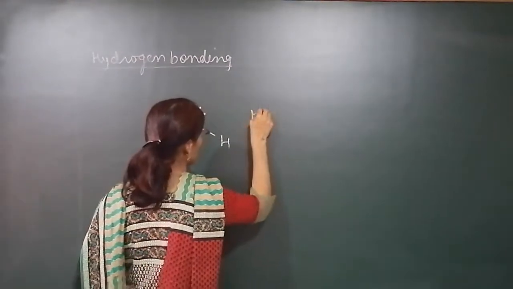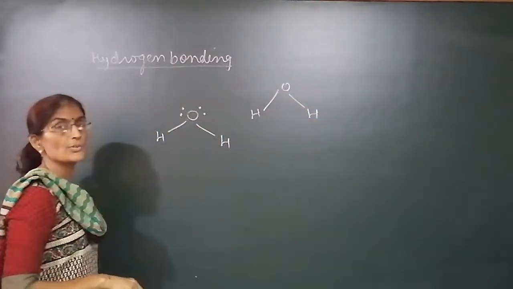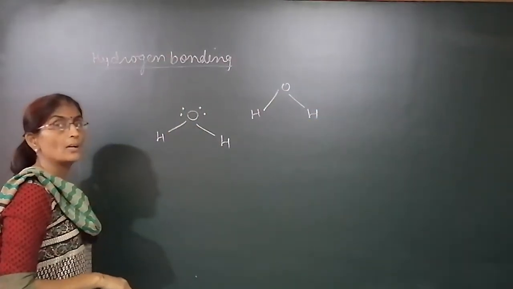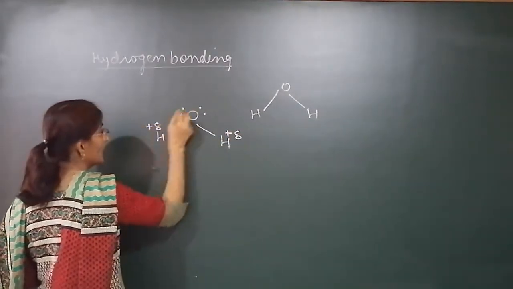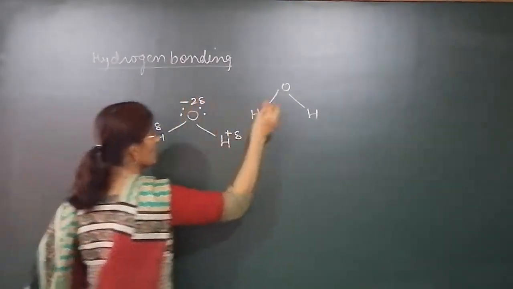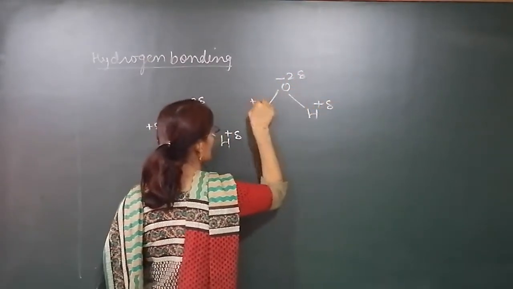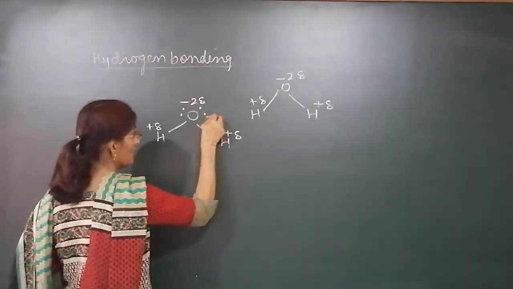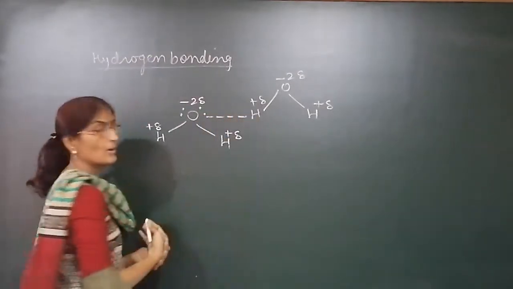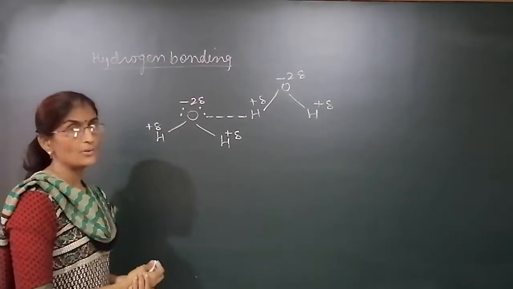Another molecule comes this way. So there is attraction between positively charged hydrogen and highly electronegative oxygen. Oxygen is electronegative, so it gets partial negative charge, and hydrogen gets partial positive charge. This type of attraction is known as intermolecular hydrogen bond.